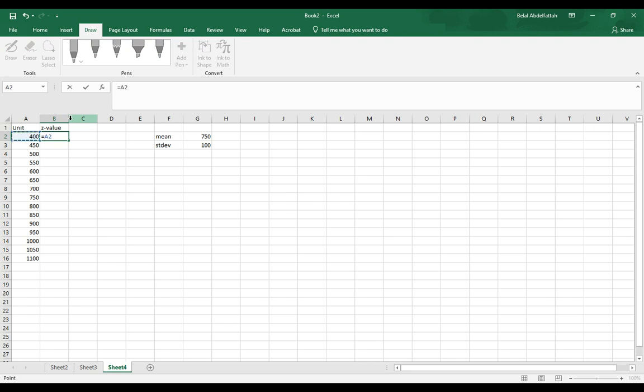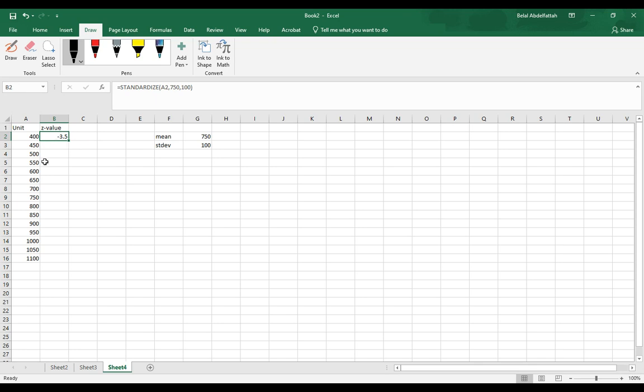So let me say this. I'll do standardize, select that first value, subtract it from 750, divide it by the standard deviation. So that's what's going on with the standardized function. So I get a negative 3.5.